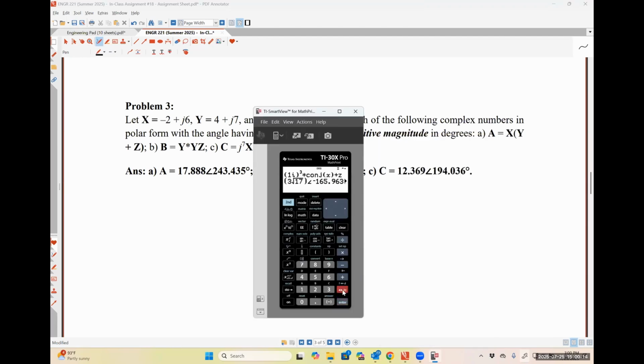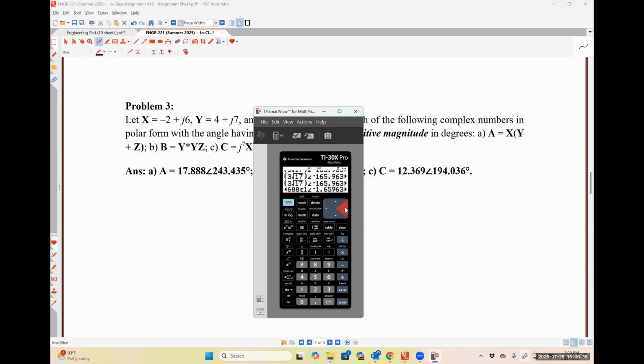If I press this button, it's still not doing what I want it to do. Let me go back into mode here. (1.2369) times 10 to the 1 is 12.369. So that part is correct.